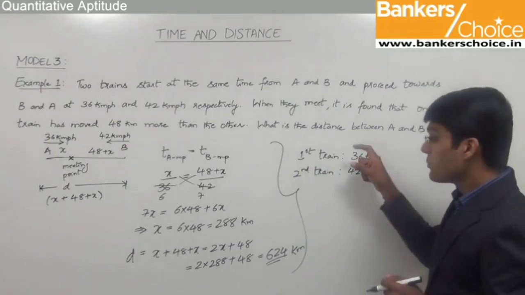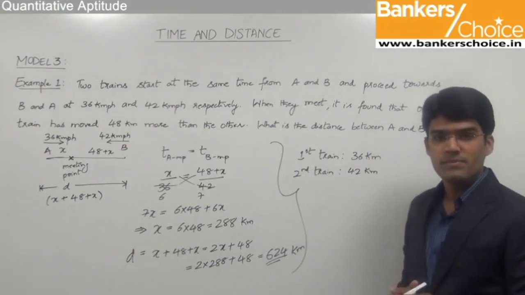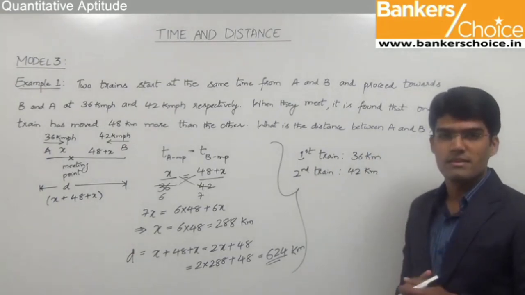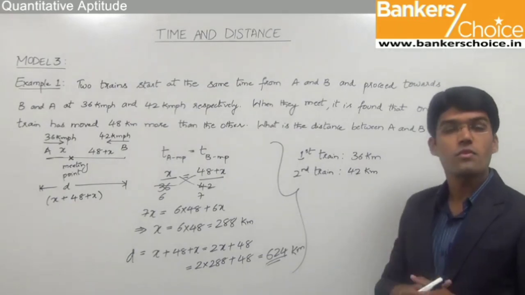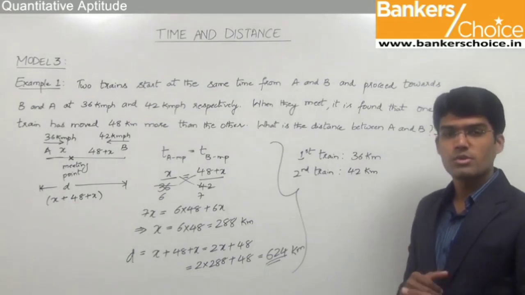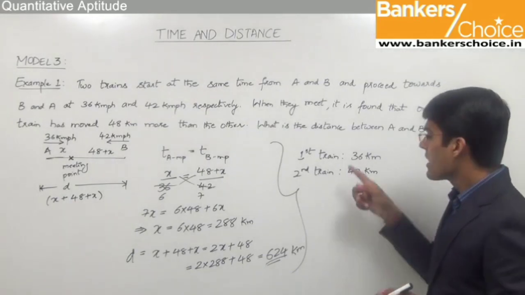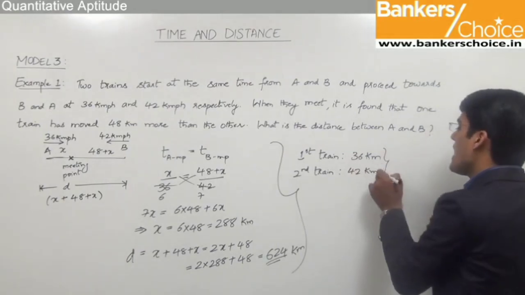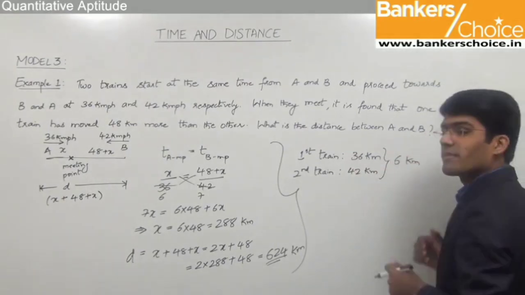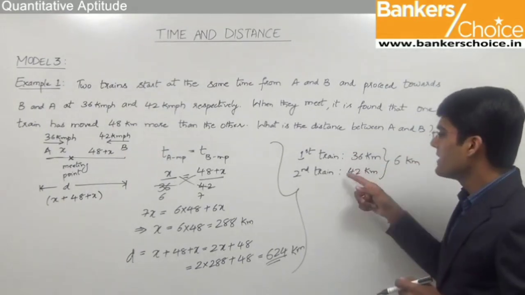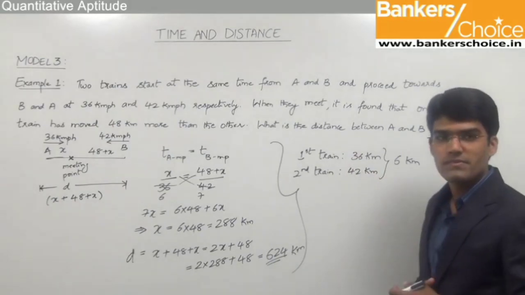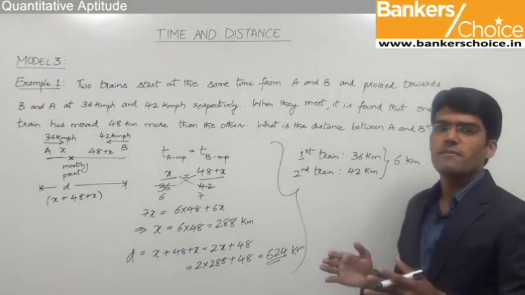Very clearly, as both the trains have started at the same time, the first train covers 36 kilometers in 1 hour and the second train covers 42 kilometers in 1 hour. So the difference of the distances covered by these two trains in 1 hour will be 6 kilometers. For every hour, the difference will be 6 kilometers. Suppose both the trains travel for 2 hours each.